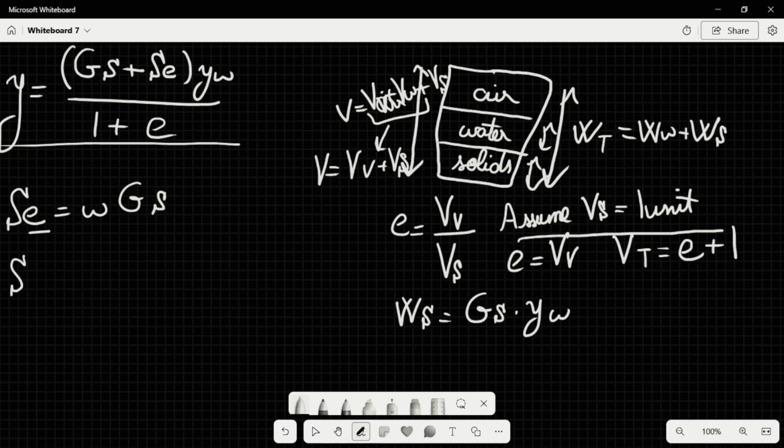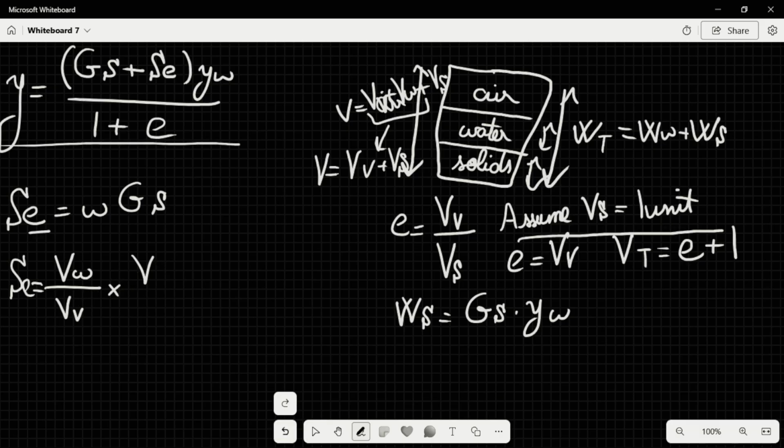S is called the degree of saturation, and it is given by the formula volume of water over the volume of voids. Now multiplying E times S, if I write SE here, the volume of water over the volume of voids times the volume of voids over the volume of solids, we can see that the volume of voids cancels out. Sorry, this is volume of water. My apologies.